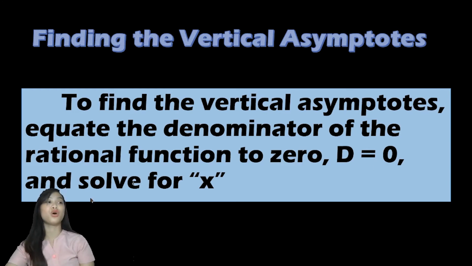Then solve for the value of x. This value of x is the vertical asymptote. So again, equate your denominator, the lower part of your rational function, to 0, then solve for the value of x.